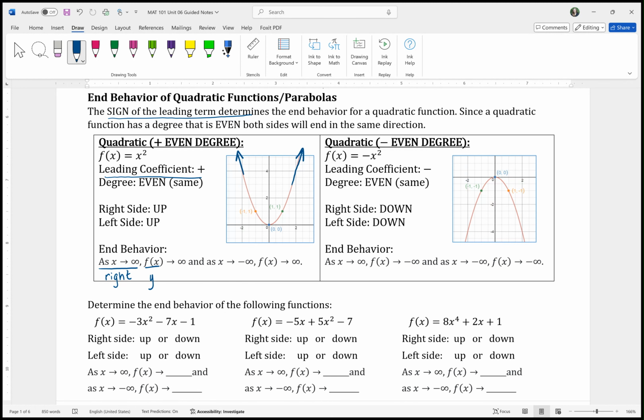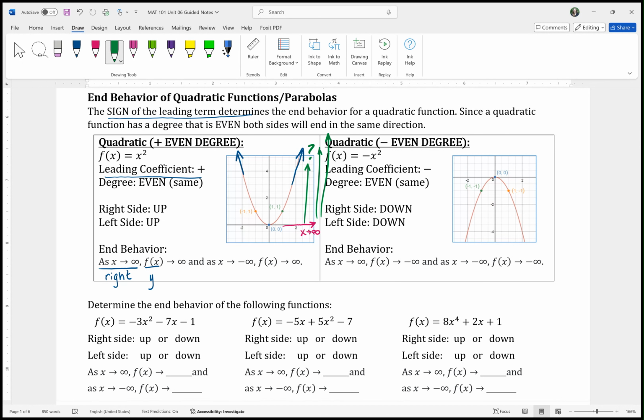Okay, so let's look on the actual graph and see what we can see. If x values are going to infinity, that's to the right. What is happening here with our y value? What's happening up here? Because this graph is going up, as we go to the right for our x's, our y values are getting bigger and bigger and bigger.